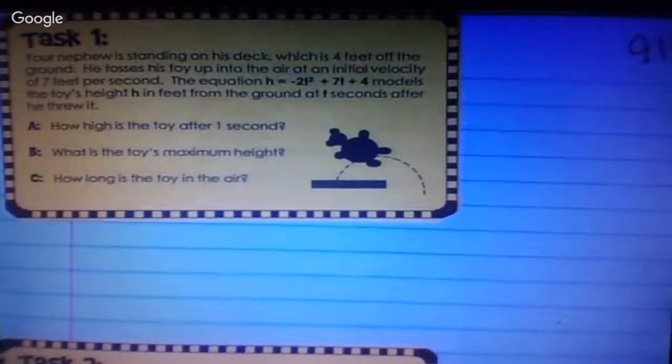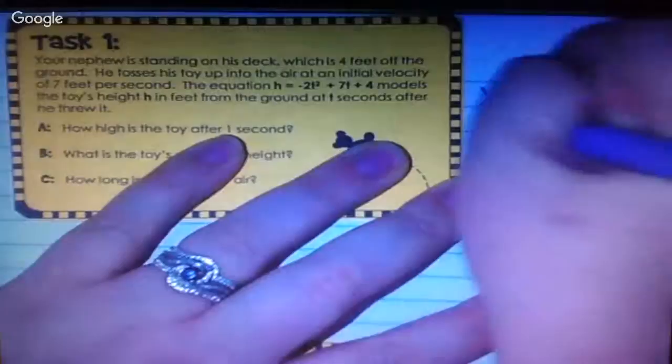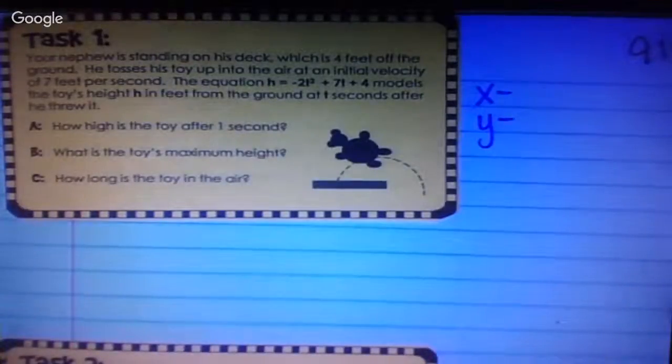Okay, so your quadratic. Normally we deal with x and y. So normally we have y equals ax squared plus bx plus c. So which one of these variables is now my x in this word problem?